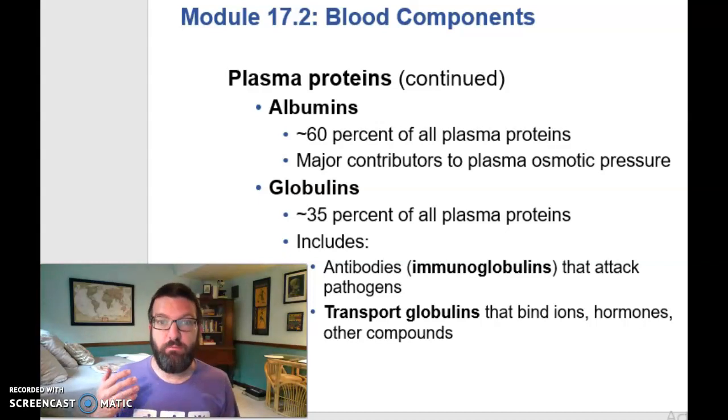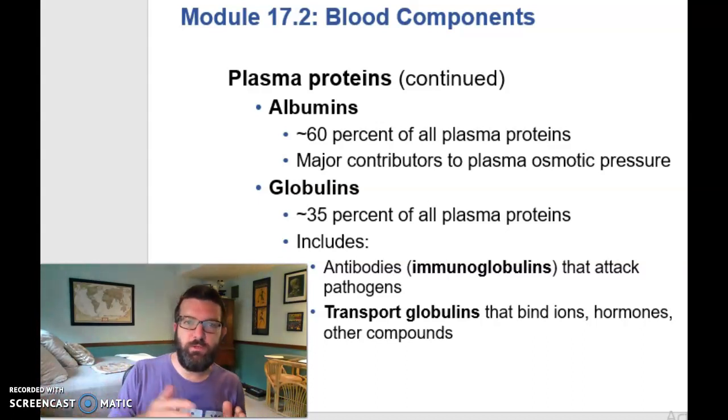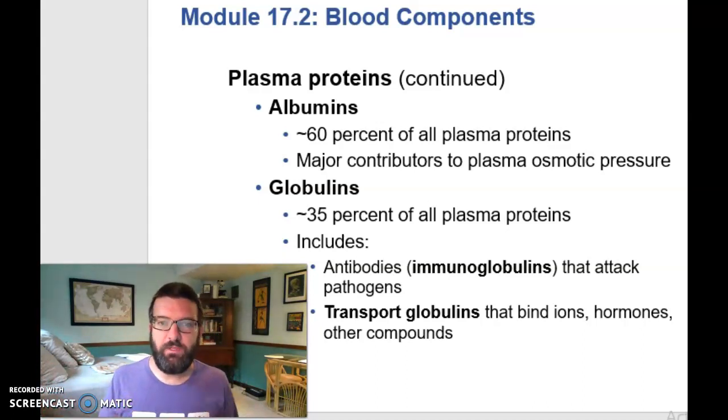The first type is albumins, and that's the majority of all plasma proteins. These are produced in your liver, and they're very important for your plasma osmotic pressure. So the osmolarity of your blood, making sure it's the right concentration so that you don't have too much flow into the blood or out of the blood, is an important function of these plasma proteins called albumins.